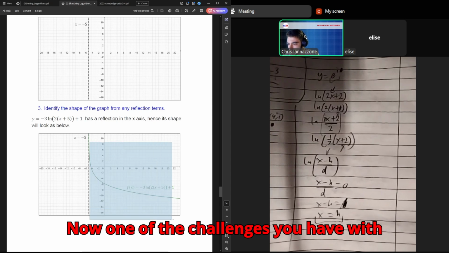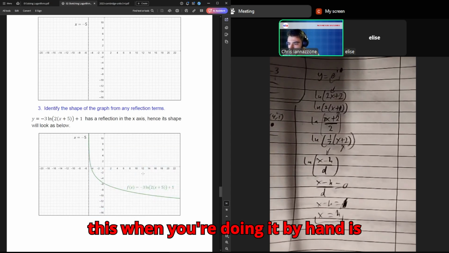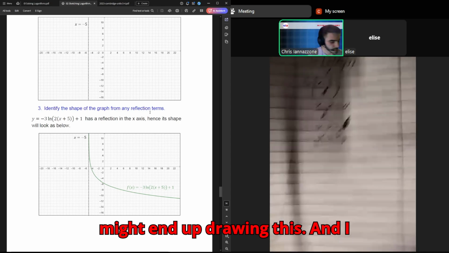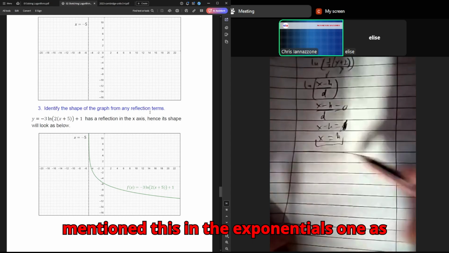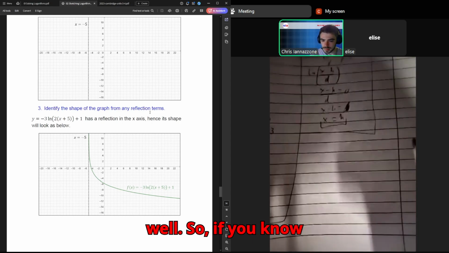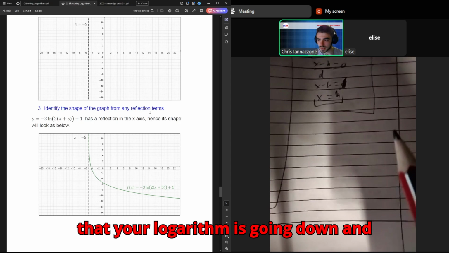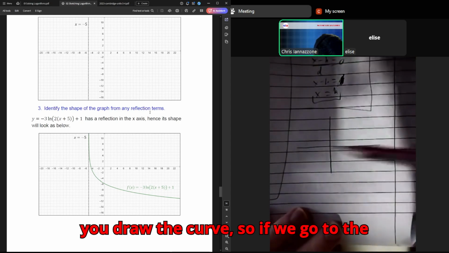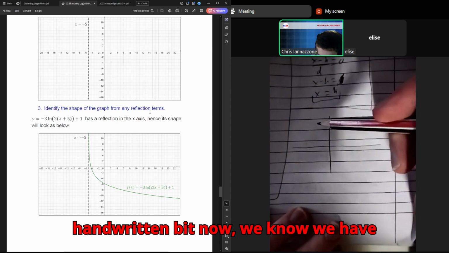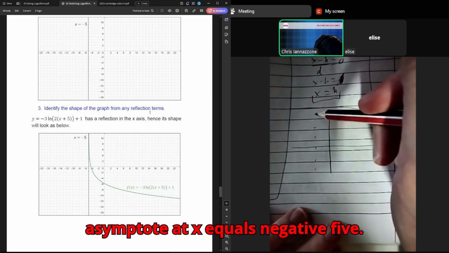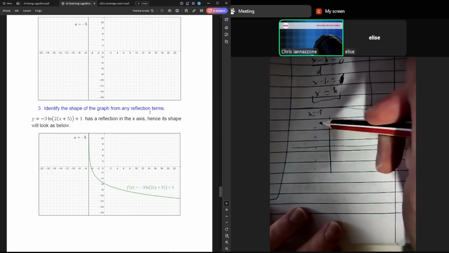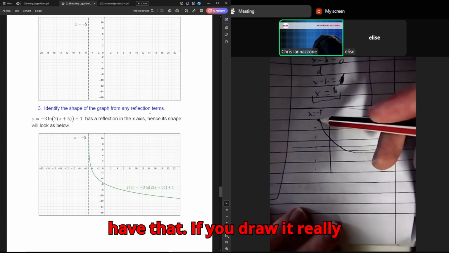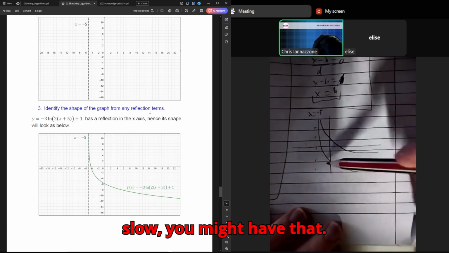Now, one of the challenges when you're doing it by hand is that there are two ways you might end up drawing this. And I mentioned this in the exponentials one as well. So if you know that your logarithm is going down and right, depending on how aggressive you draw the curve, so if we go to the handwritten bit now, we know we have an asymptote at x equals -5. If you draw it really sharp, you might have that. If you draw it really slow, you might have that.